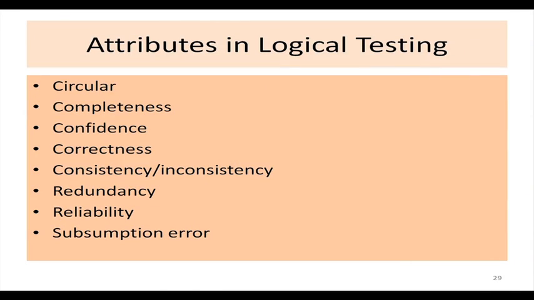Then consistency and inconsistency, which is related to reliability: how reliable that information is. When you ask a query, are you getting similar information, or every time different information from the system? If you get different information for a particular query, the system is not reliable. If you put a query related to a particular aspect and you get consistent, similar information, then you can say yes, it is consistent and you are getting reliable information.